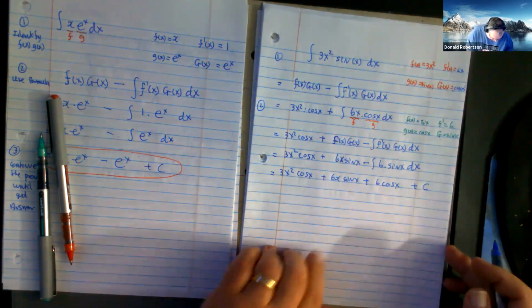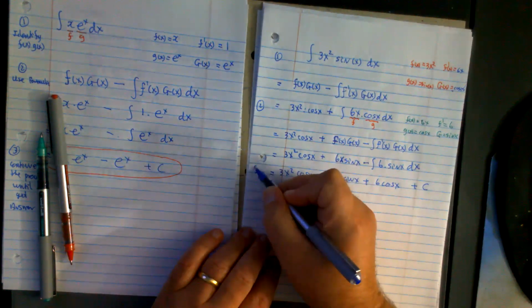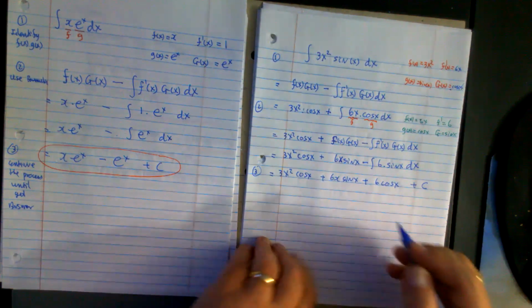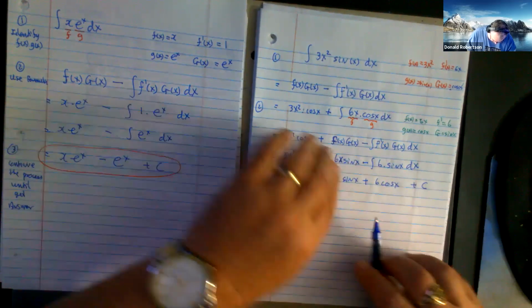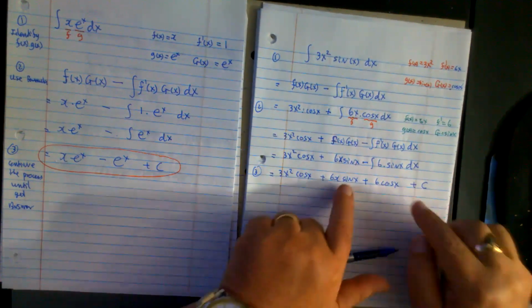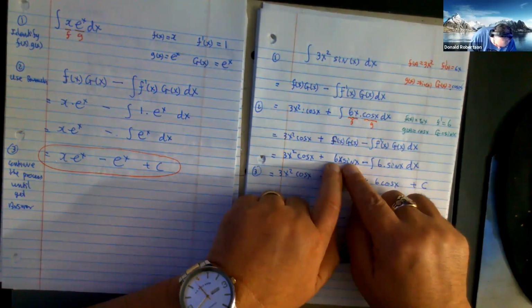Any questions about that, step 3 there? Any questions about that? No. For the 6x sine x, is that not 6x cosine x? Do you not carry it down and then add the extra from step 2? Oh. So where do you think I've screwed up? The 6x sine x, the middle part. No, the part before that. Yeah.